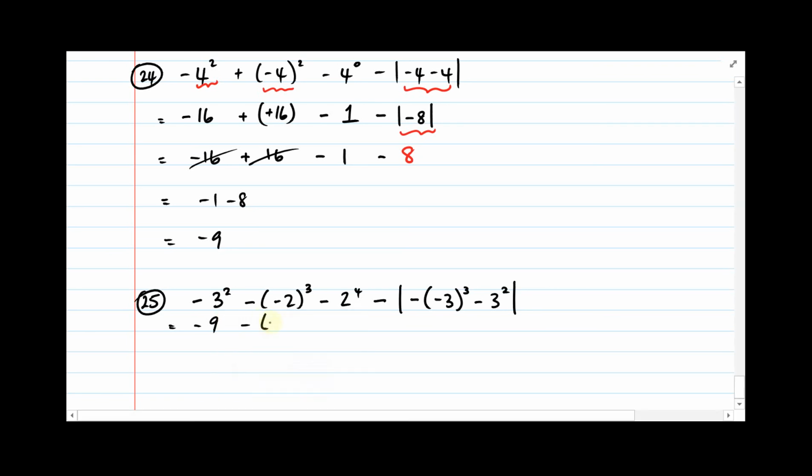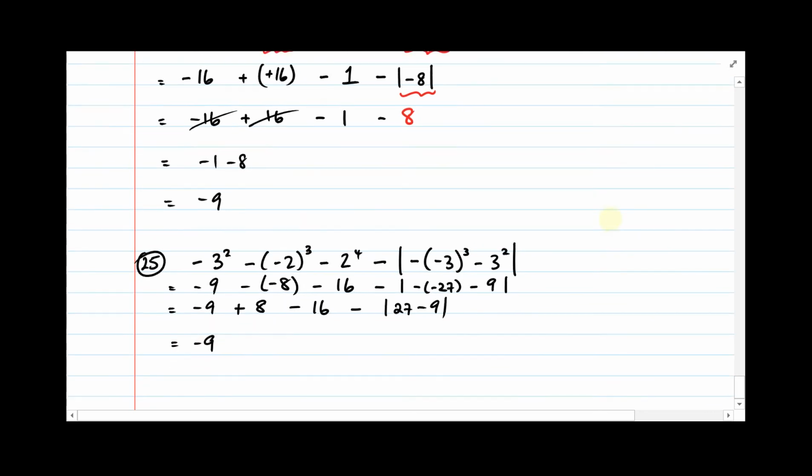Oops. And 2 to the 4th is 16. Working inside the absolute value, I get negative of negative 27 minus 9. Alright, keep going. Minus 9 plus 8. Get rid of those double signs. Minus absolute value of positive 27 minus 9.